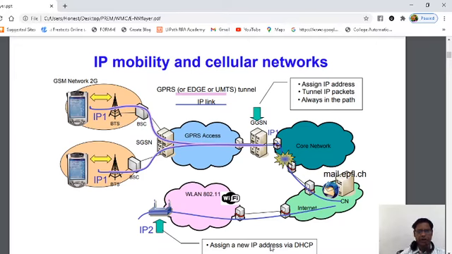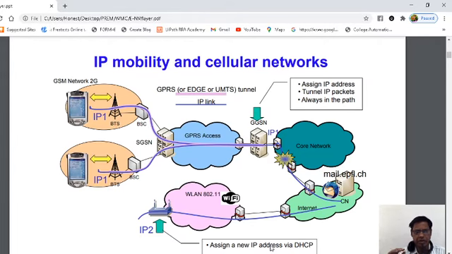Here you can see how mobile communication is accessed: IP mobility and cellular networks. Here is GSM, the Global System for Mobile communication, used with an IP address, that is, the internet protocol.